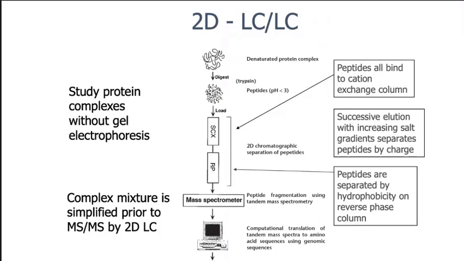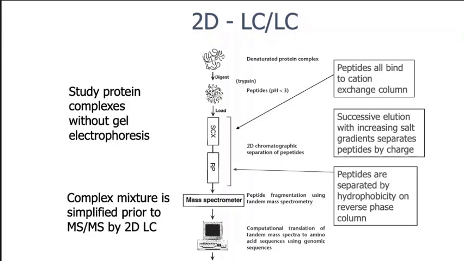This reverse phase column contains a stationary phase of silica gel bound to hydrophobic hydrocarbon, 8 carbon atoms or 18 carbon atoms.